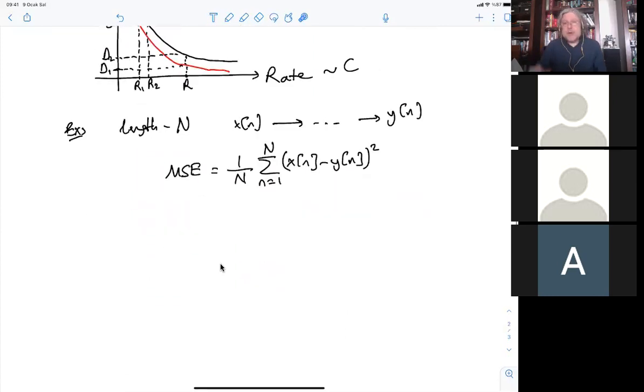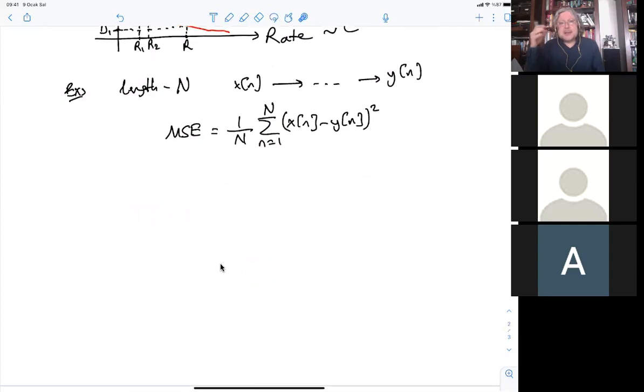Now, before proceeding a little bit further to the next topics, maybe I may give a break within a few minutes. I want to mention one critical aspect of compression for wireless communication.